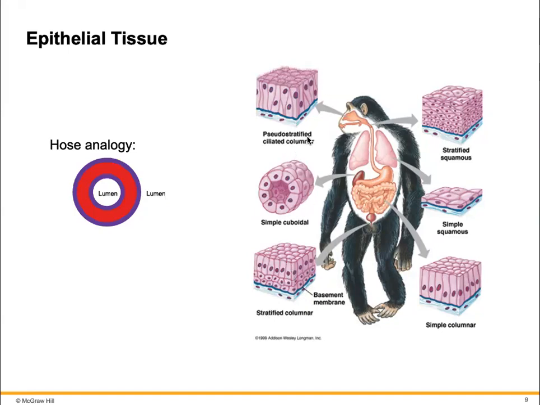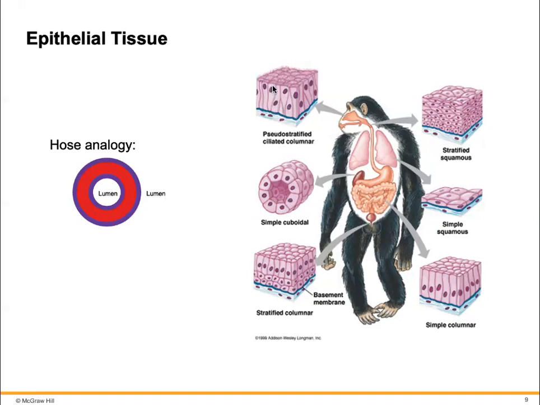Now, the one unique one that you'll see up here is the pseudostratified ciliated columnar cells that we find in our nasal passageway and along our respiratory tract. These are cells that look stratified, but it's a false type of stratification, hence the pseudo-stratified.